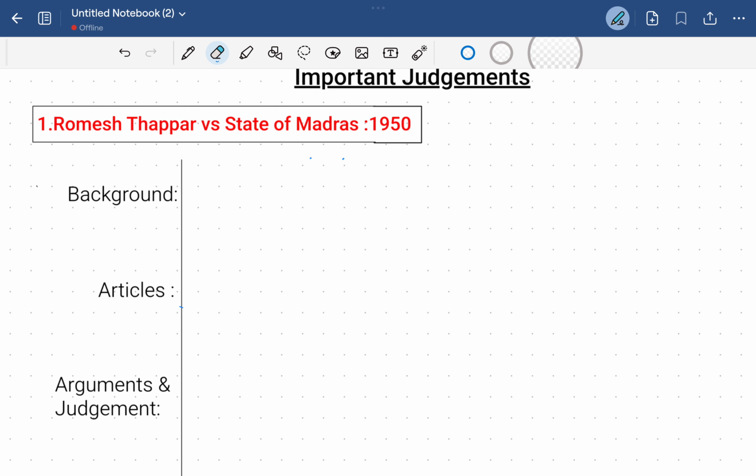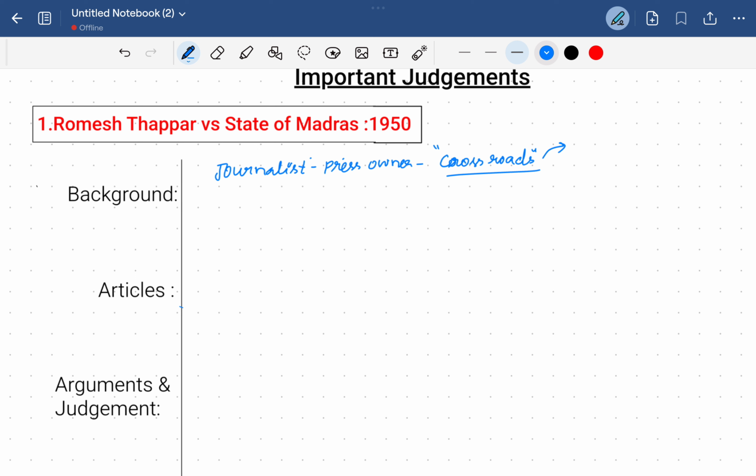The background was that Romesh Thappar was a journalist and a press owner who owned a company known as Crossroads, where he wrote against the party in power during that time. Because of that, the government banned this organization or this press.